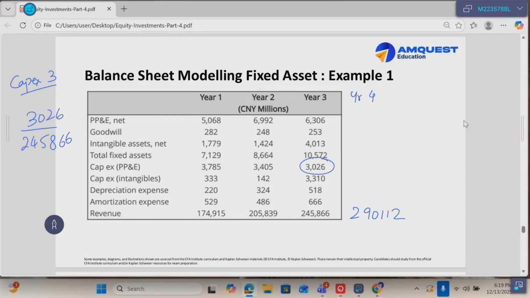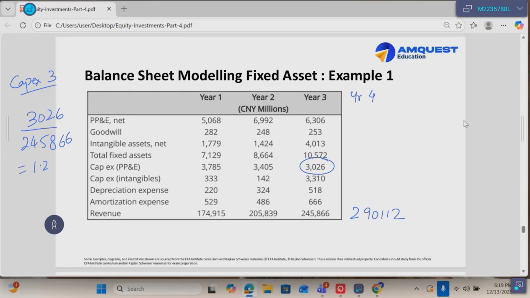So this ratio is telling us capex, that means the new investment in property, plant and equipment, what we had done in year 3, we have to calculate the percentage of it from the revenue. The same percentage is going to be applicable over here. So the answer for this is coming as 1.23%.